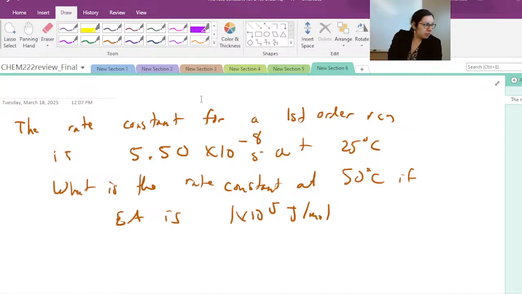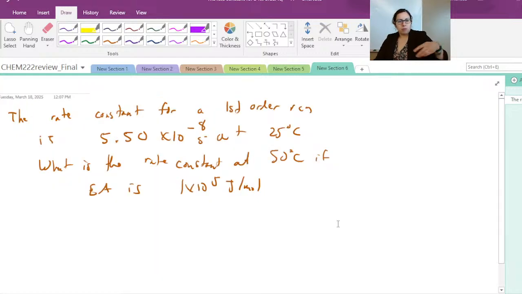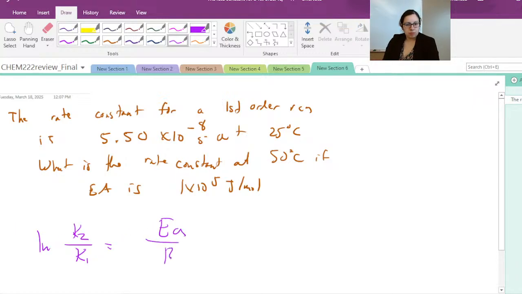So what equation do we need for this? And then what do we need to remember? Yeah. Natural log of k2 over k1 equals Ea over R times the inverse of T1 minus the inverse of T2.